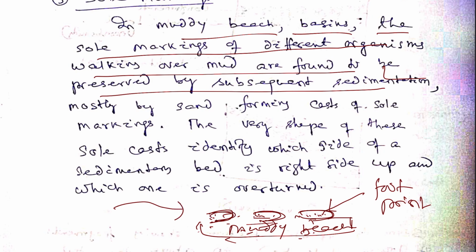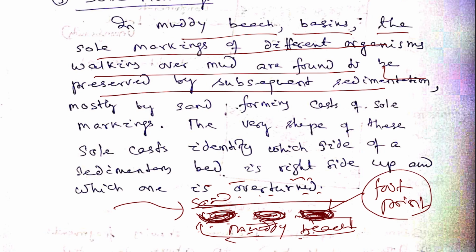Subsequently, if these depressions representing the footprints are filled up by later sedimentation, say sand fills these depressions and they are preserved, then sedimentation took place. So the very shape of these depressions, indicating the shape of the footprint of an organism, cannot project upwards.